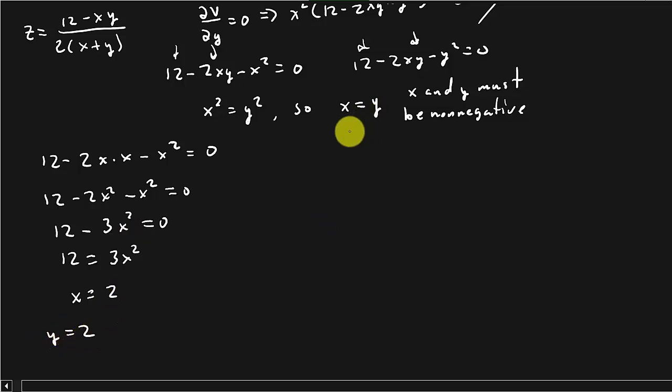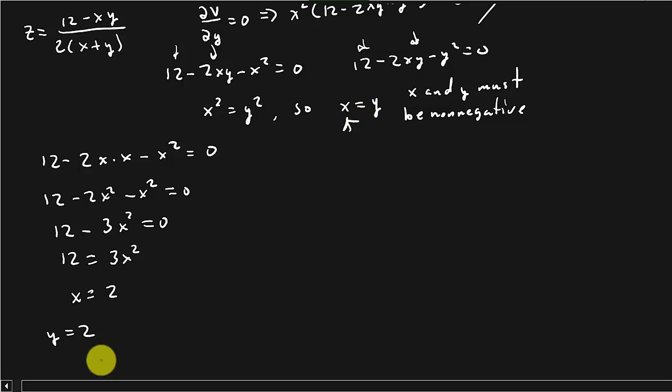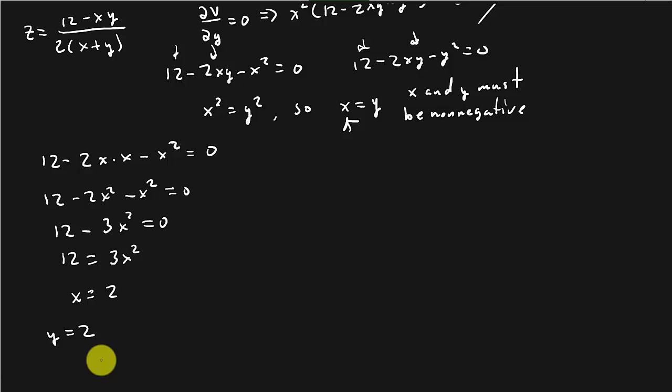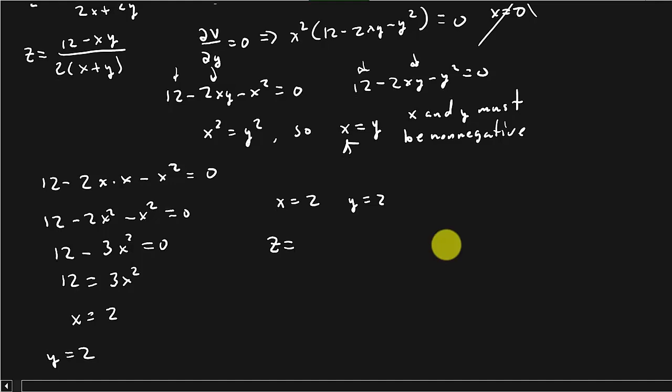Because we can plug the 2 back in, we know y equals 2. And this is an absolute maximum. This is our critical point, (2, 2). And our absolute maximum is going to occur at our critical point of v. So it occurs when x equals 2, y equals 2, right? And z is equal to what?